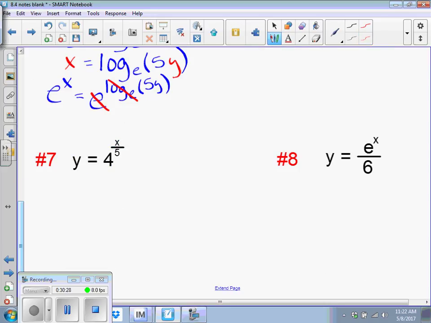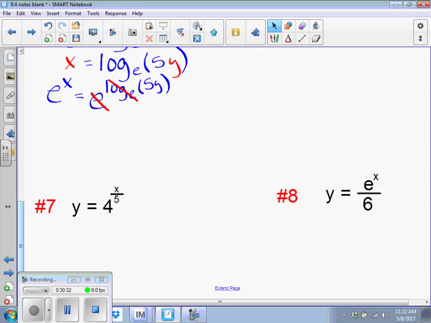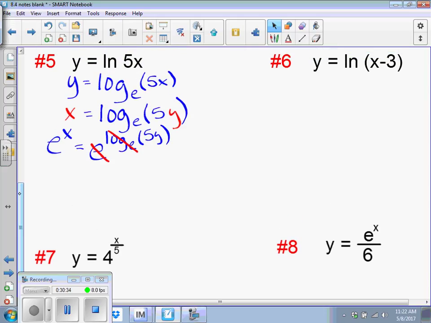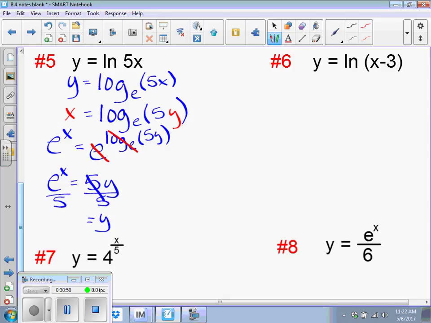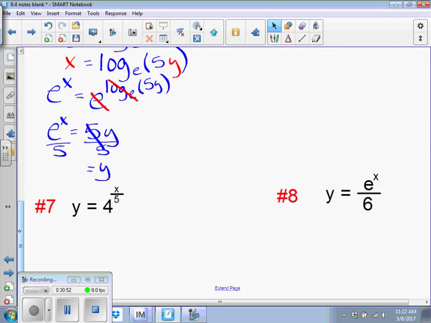So I'm left with, good, e to the x equals 5y. Am I done? No. What do we have to do? Divide both sides by 5. So y equals e to the x divided by 5.